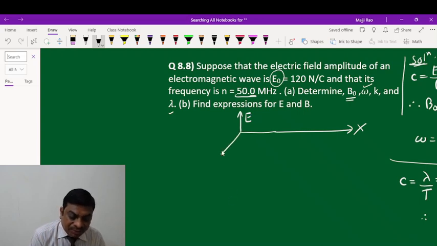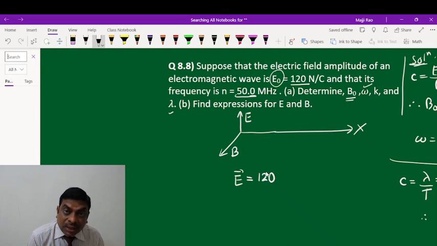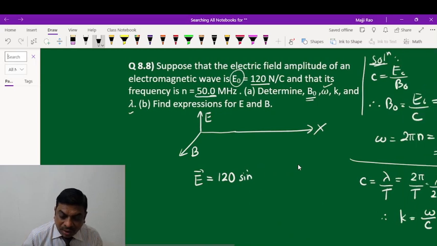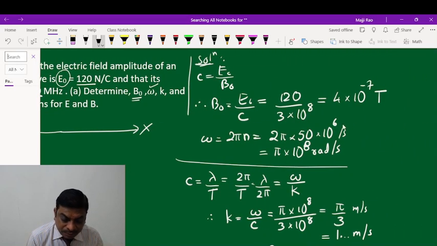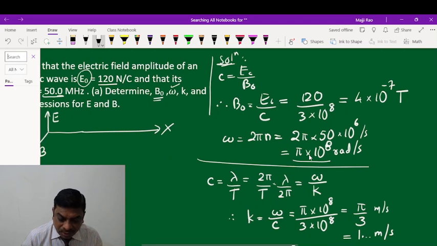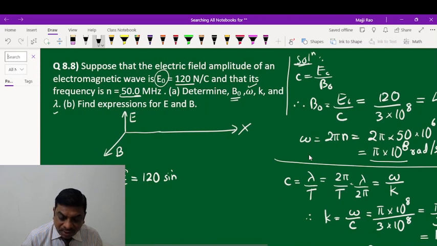So certainly the magnetic field can be along the z-axis. Here the electric field can be written as: the peak value is 120 newton per coulomb, I am not writing the units, we can assume the units to be in SI, into sine of omega t. Omega is pi into 10 power 8.